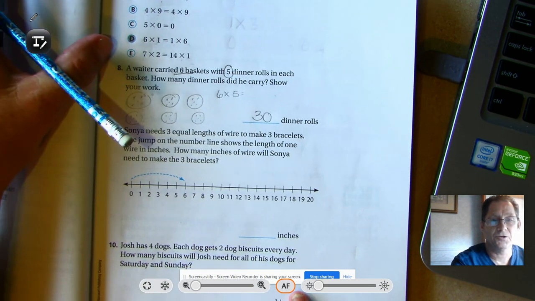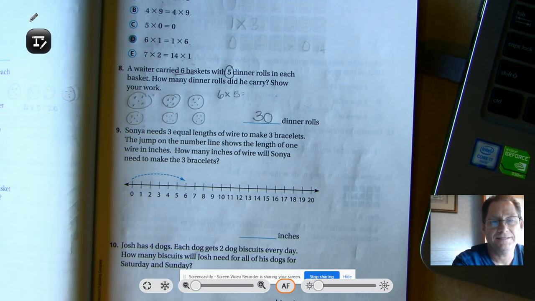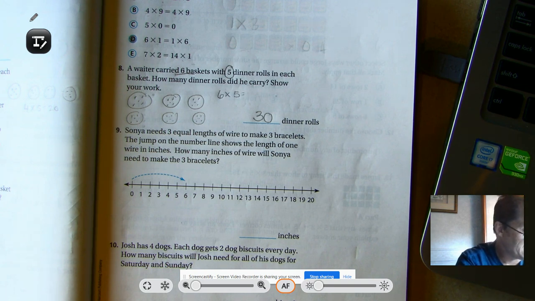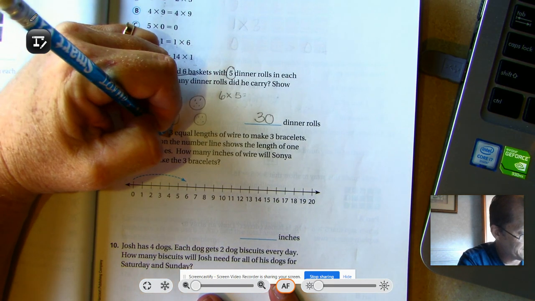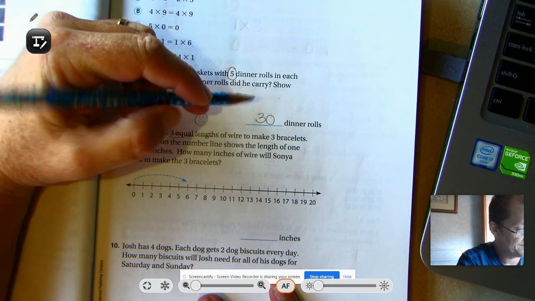Number 9. Sonia needs 3 equal lengths of wire to make 3 bracelets. The jump on the number line shows the length of one wire in inches. How many inches of wire will Sonia need to make 3 bracelets? All right, so she needs 3 equal lengths.